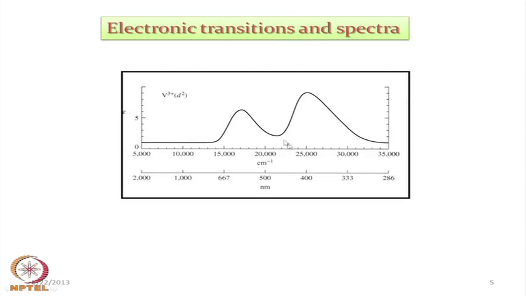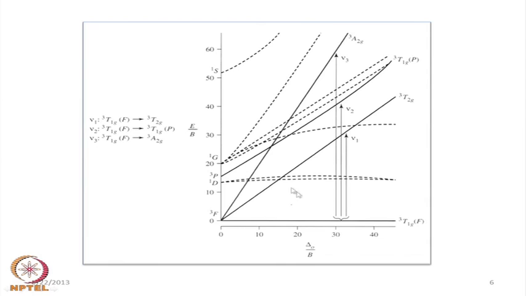So we have these two transitions for the vanadium 3 compound, and the Tanabe Sugano diagram we had earlier predicts the corresponding spin allowed transitions, which are nu 1, nu 2 and nu 3.